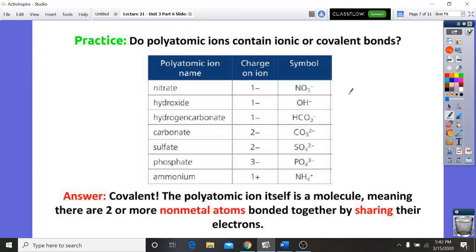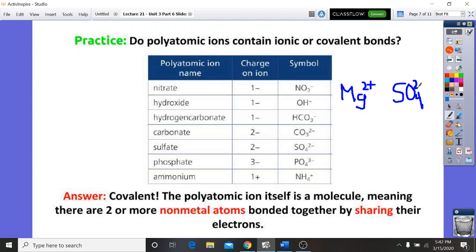An example being, for instance, if Mg, which is a metal, 2 plus, loses 2 valence electrons because it gives it to, let's say, sulfate, right?